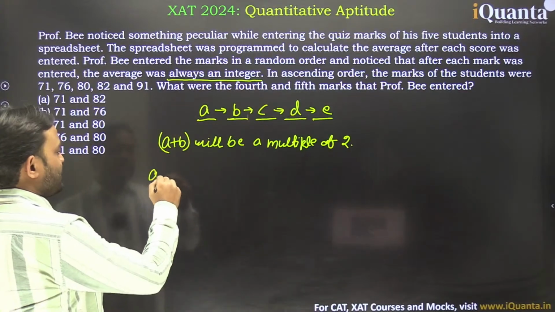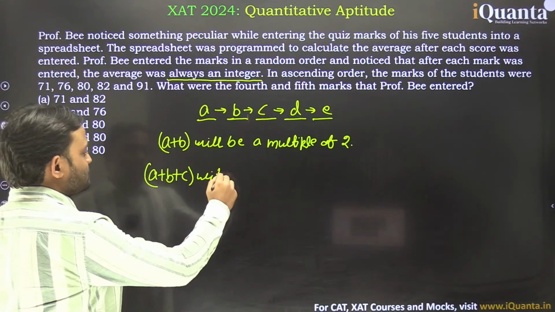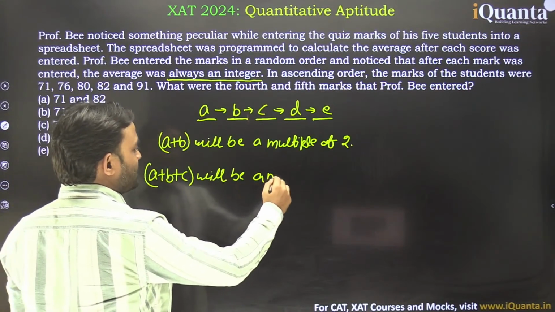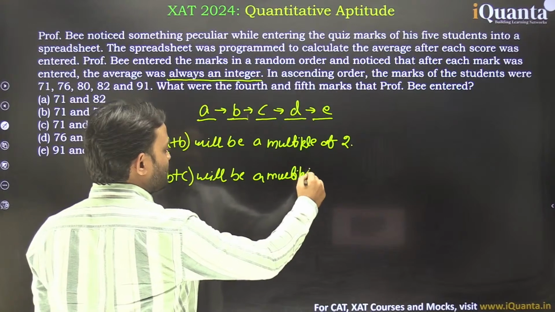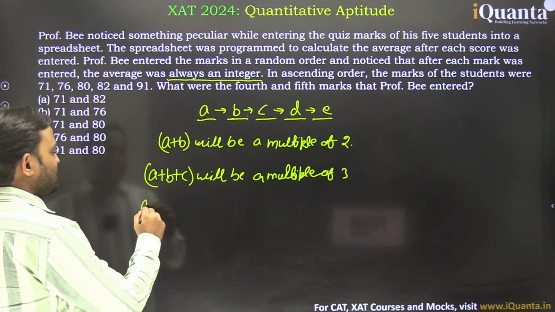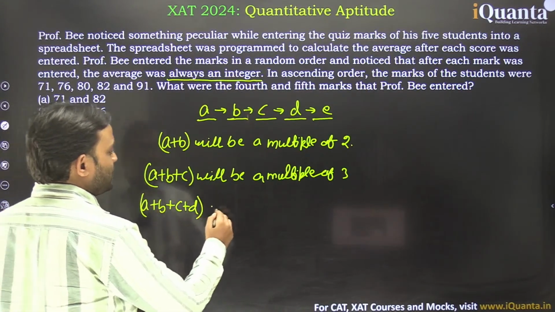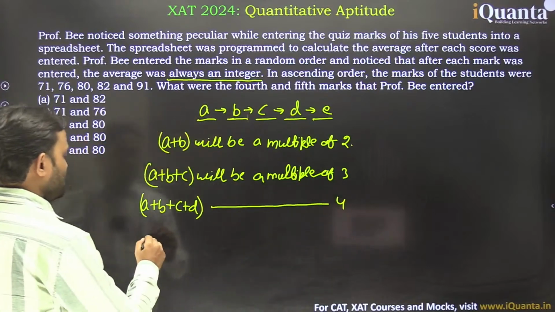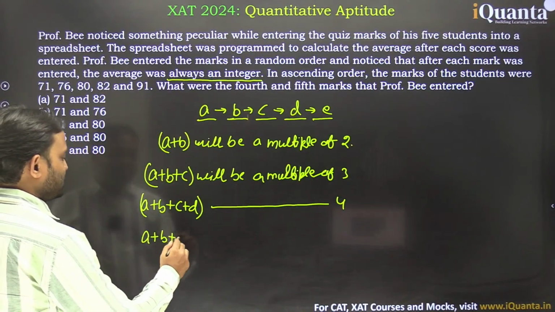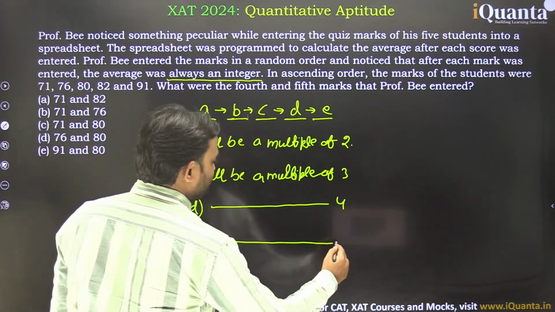Then can we say A plus B plus C will be a multiple of 3? Then only the average will be an integer. Similarly, A plus B plus C plus D will be a multiple of 4, and A plus B plus C plus D plus E will be a multiple of 5.